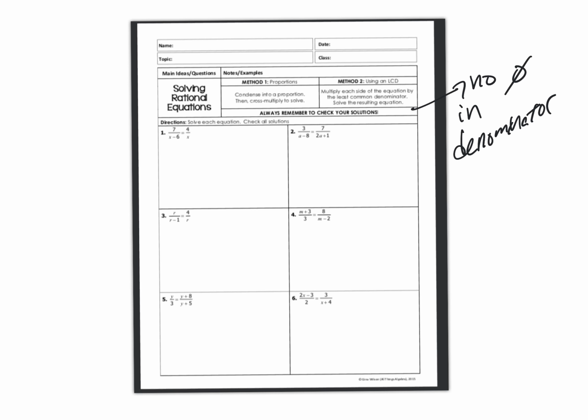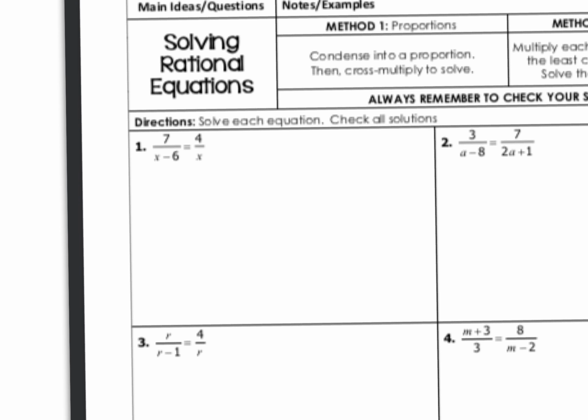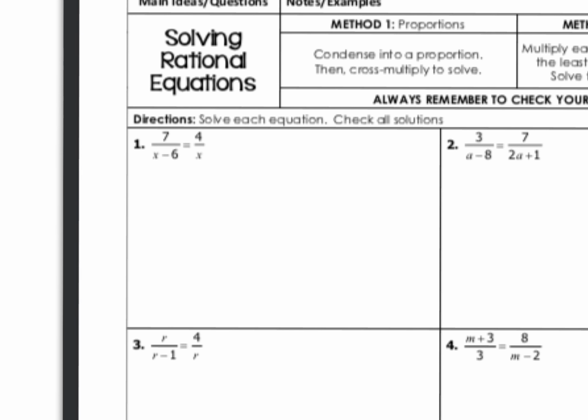Okay, let's go ahead and zoom in. We're looking at number 1 here. I have 7 divided by x minus 6 equals 4 over x. For the first method, cross multiplying, you multiply 7 times x equal to 4 times x minus 6.